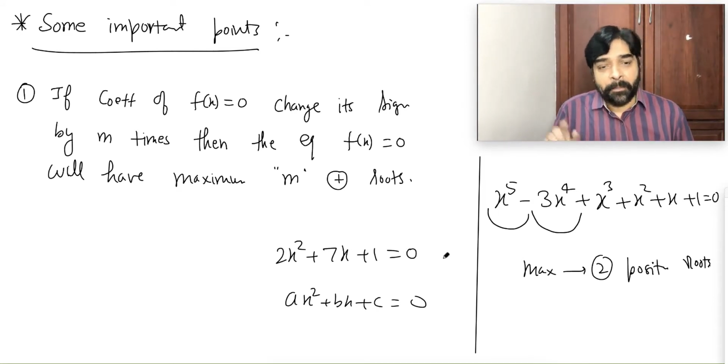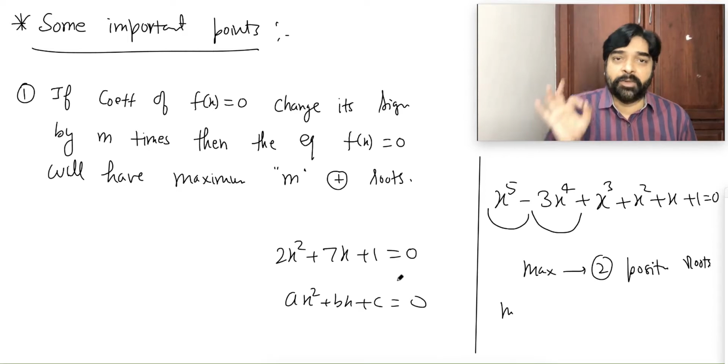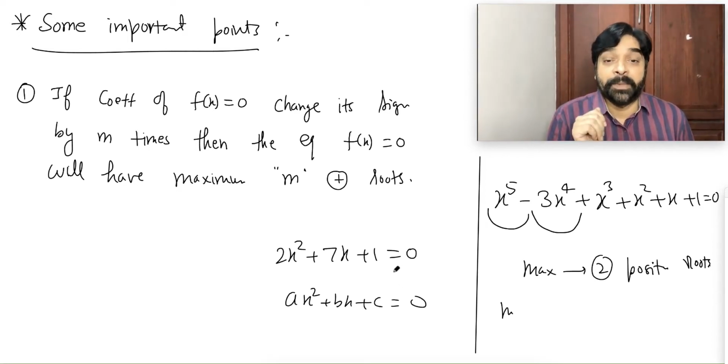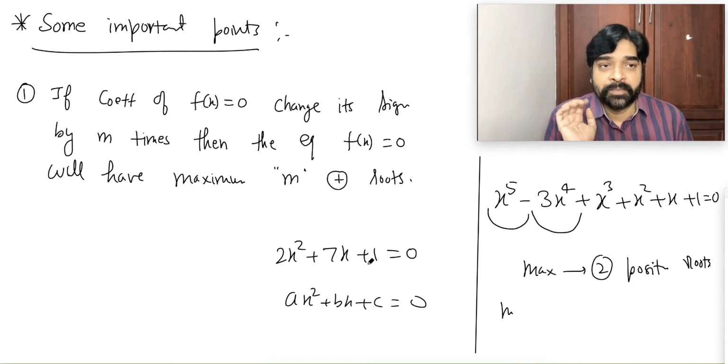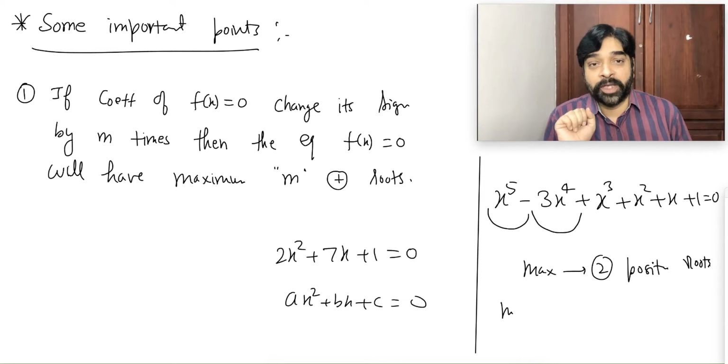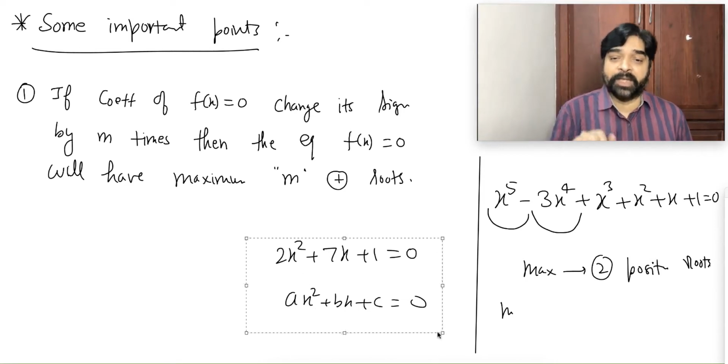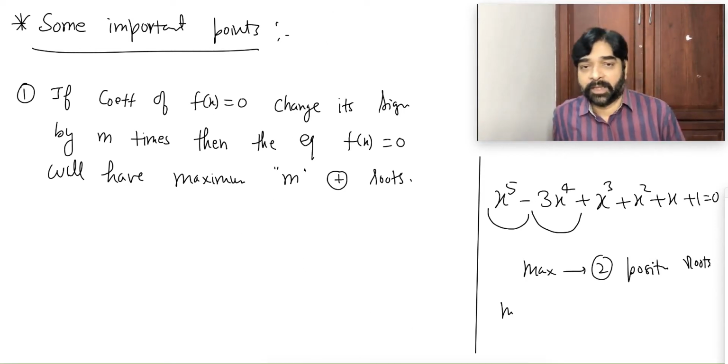That means maximum positive roots in this case will be 0. That means this equation cannot have positive roots. Yes or no? And that's what we learned: if a, b, c have the same sign, then both the roots will be negative. Did you understand this first point, everybody? Is it clear? So by looking at the equation, we predict something, and that's what I'm trying to teach you from all these.